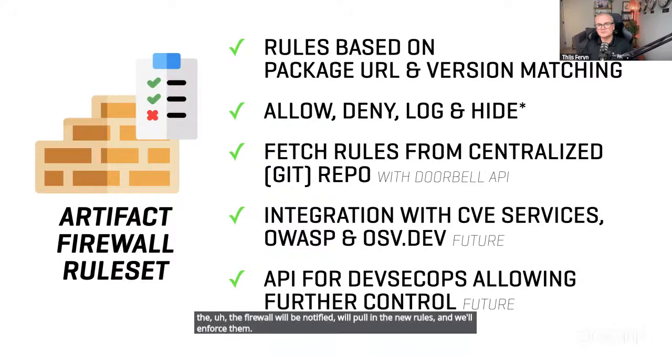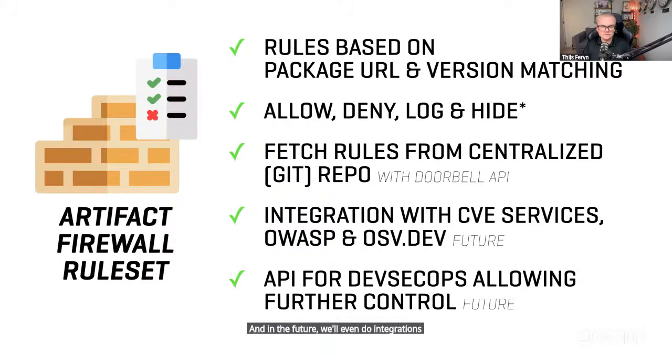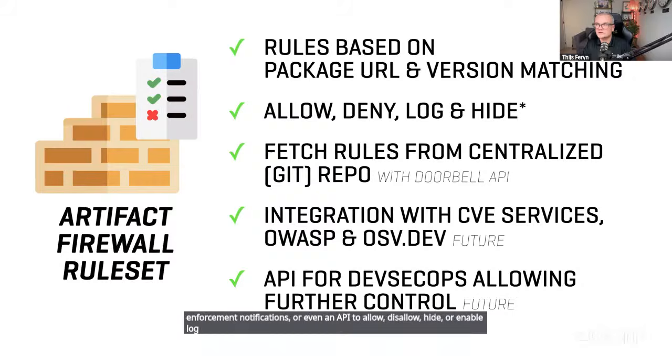And in the future, we'll even do integrations with CVE services, OWASP or OSV.dev to dynamically create those policies based on new exploitations, new CVEs that come in. And we'll also build an API so that DevSecOps people can pull in either logs from things that were pulled in that they weren't supposed to pull in, or enforcement notifications, or even an API to allow, disallow, hide, or enable logging for certain criteria.